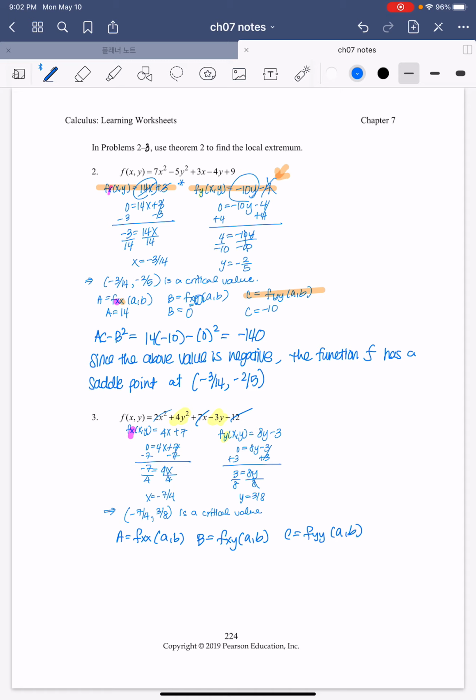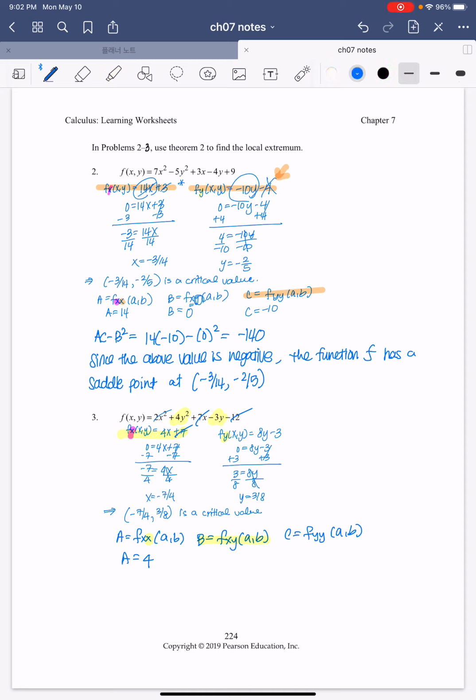So this is the function that I'm looking at for this one here. So it's already, the first derivative is fine. So the second derivative with respect to x of 4x plus 7, I'm going to end up having just 4. The 7 disappears. B is still the same function, but with respect to y.